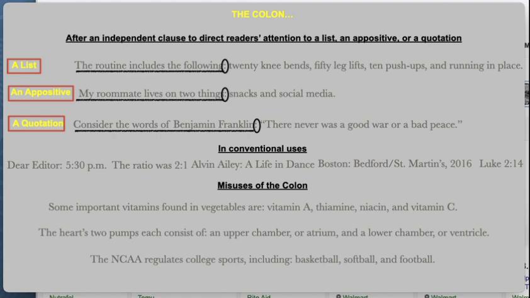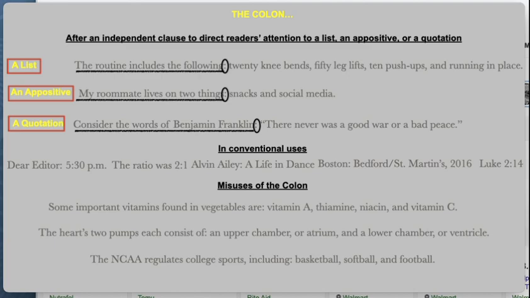Okay. Let's read this sentence. The NCAA regulates college sports, including basketball, softball, and football. Okay. In each of these cases, oh, and by the way, for this last one, you want to avoid using a colon after words like including or for example or such as.